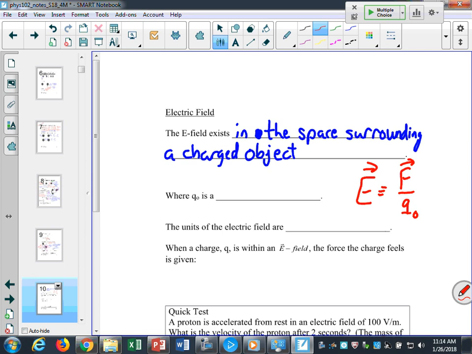And we're going to use the electric field to describe the situation: what if I bring a charge into this electric field, then what force will it feel? Here, Q naught is an imaginary test charge.